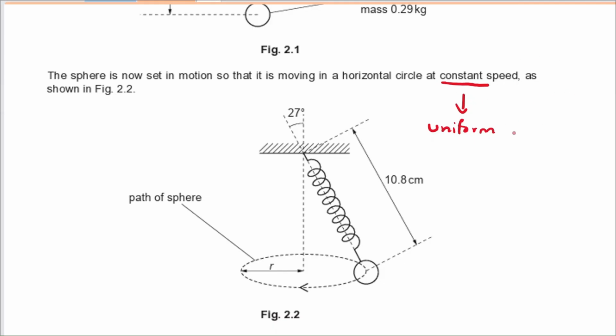If it's not uniform, then it can form weird shapes. Like it might not form a complete circle, it might be an oval like this, or sometimes it can form a spiral. Basically, other stuff which might not be completely circular. So currently, we will be focusing on uniform circular motion, and most of the questions will be uniform circular motion.